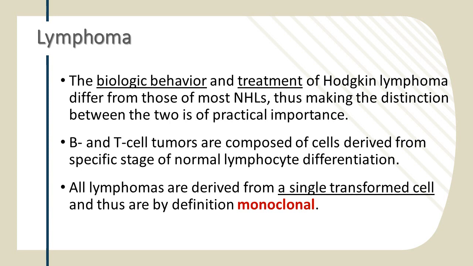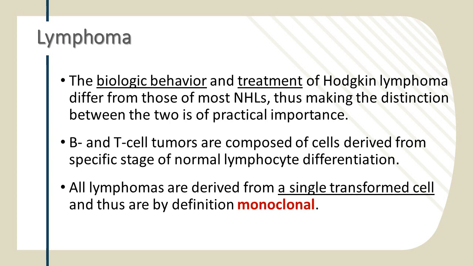It is important to know that the biologic behavior and treatment of Hodgkin lymphoma differ from those of most non-Hodgkin lymphomas. Thus, making the distinction between the two is of practical importance. In addition, B and T cell tumors often are composed of cells that are arrested at or derived from a specific stage of normal lymphocyte differentiation.